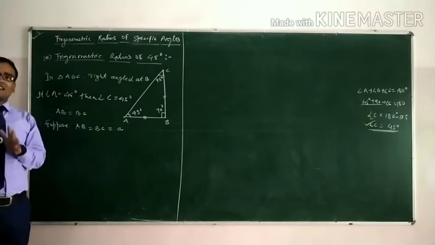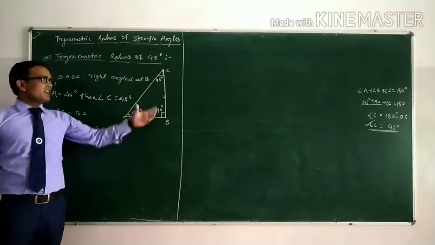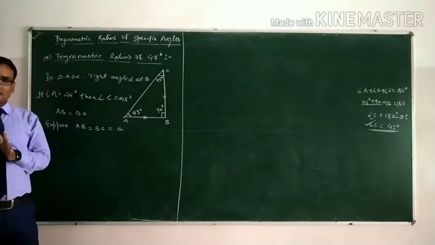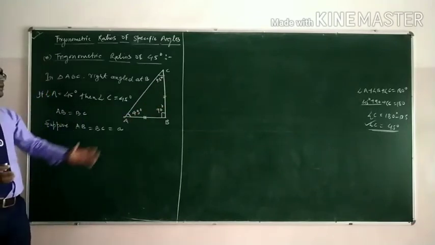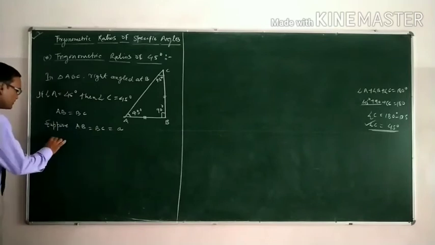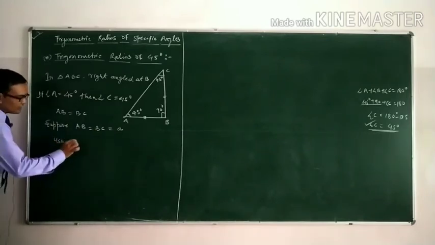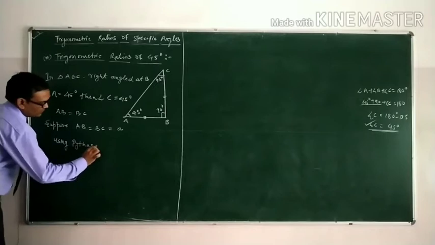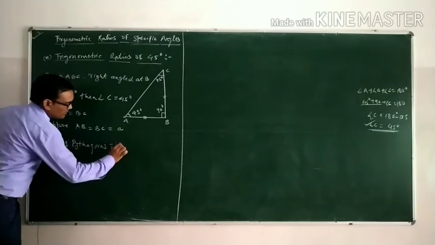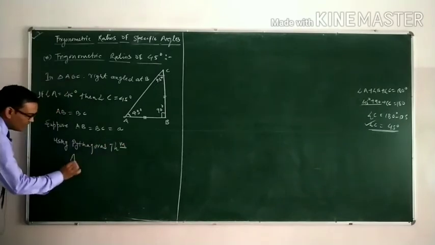Here we consider that the length of AB and BC is a and find the value of AC using Pythagoras theorem.